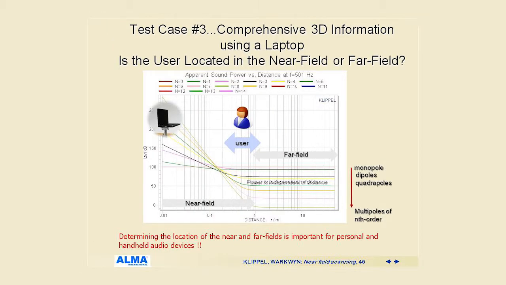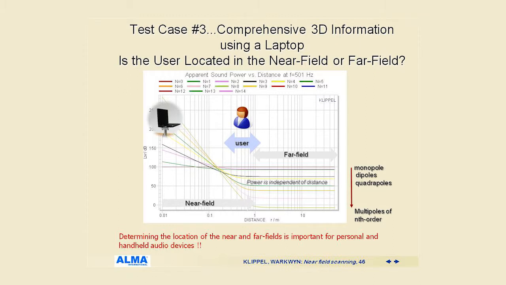Test case number 3. Comprehensive 3D information using a laptop. Is the user located in the near field or the far field? This is a curve of the apparent sound power versus distance, and we have our order plotted from monopoles and increasing.